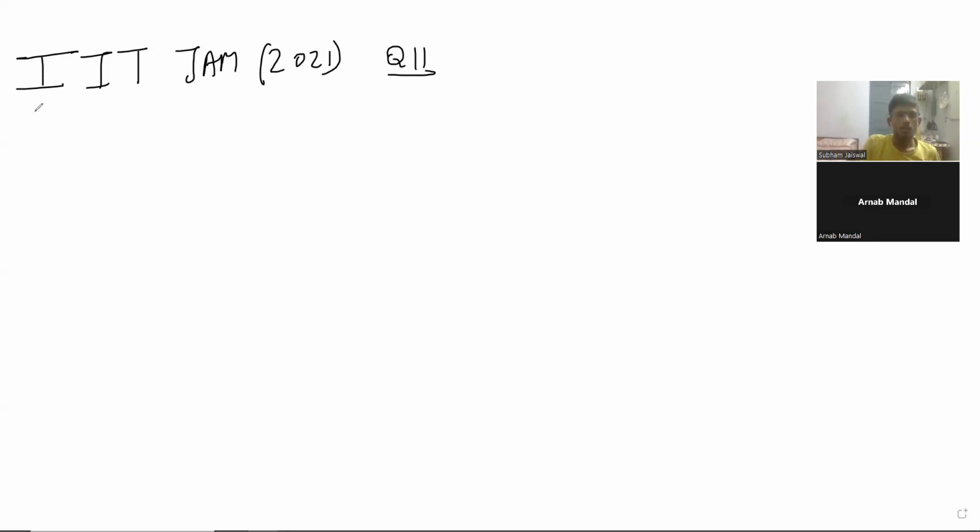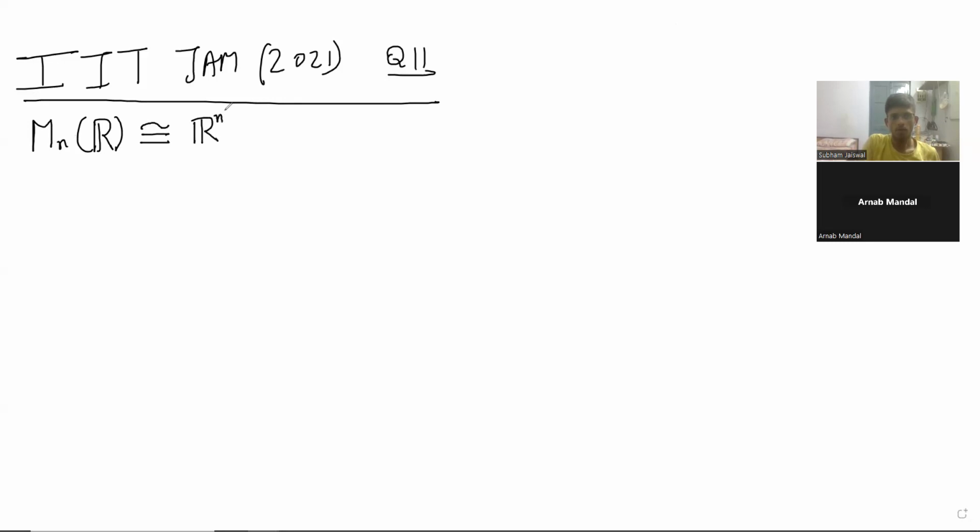Right. So you have M_n(R). You understand M_n(R), right? As a vector space, it is just R^(n square), right? But you are looking at the space generated by these matrices.